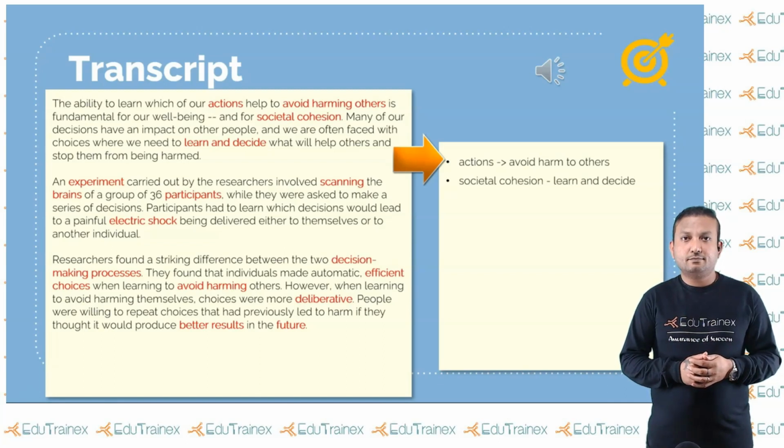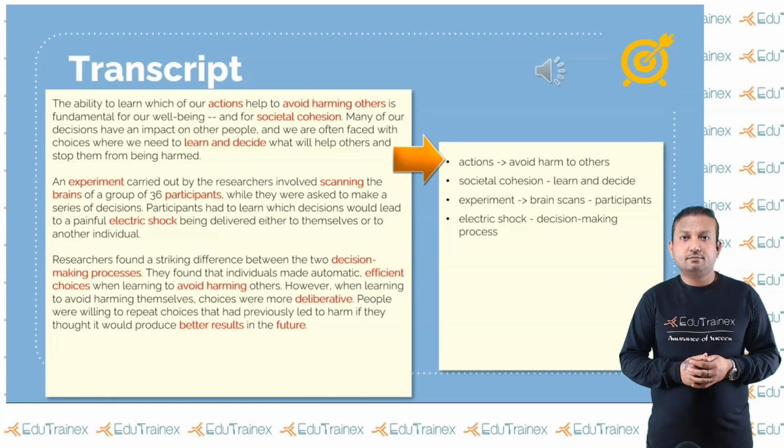An experiment carried out by the researchers involved scanning the brains of a group of 36 participants, while they were asked to make a series of decisions. Participants had to learn which decisions would lead to a painful electric shock being delivered either to themselves or to another individual. Researchers found a striking difference between the two decision-making processes.